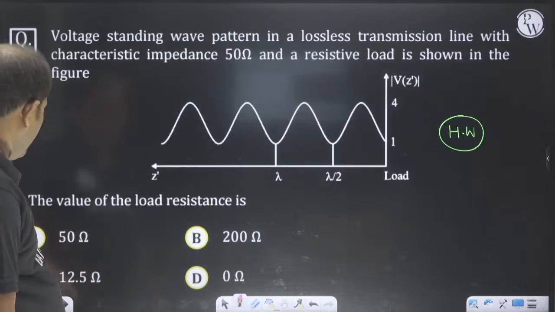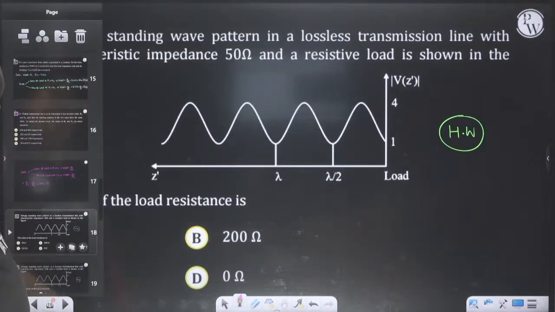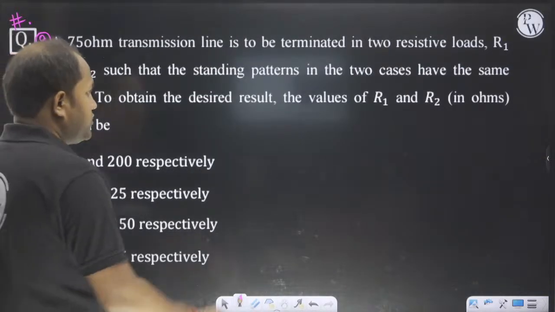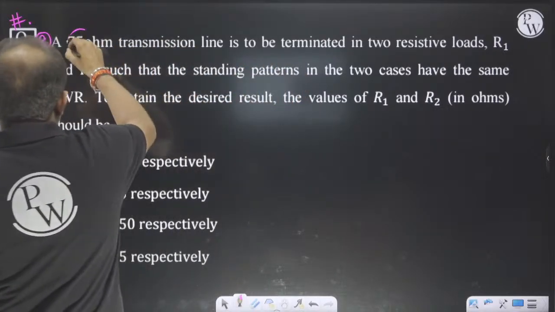So I will check which one is the correct answer. Z0 is 75 ohm.